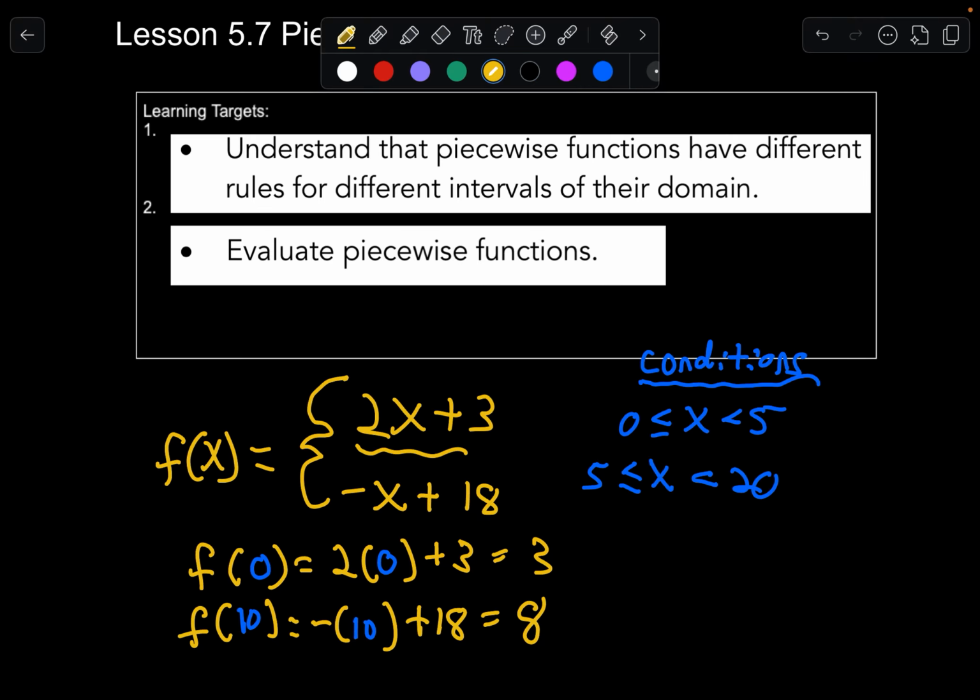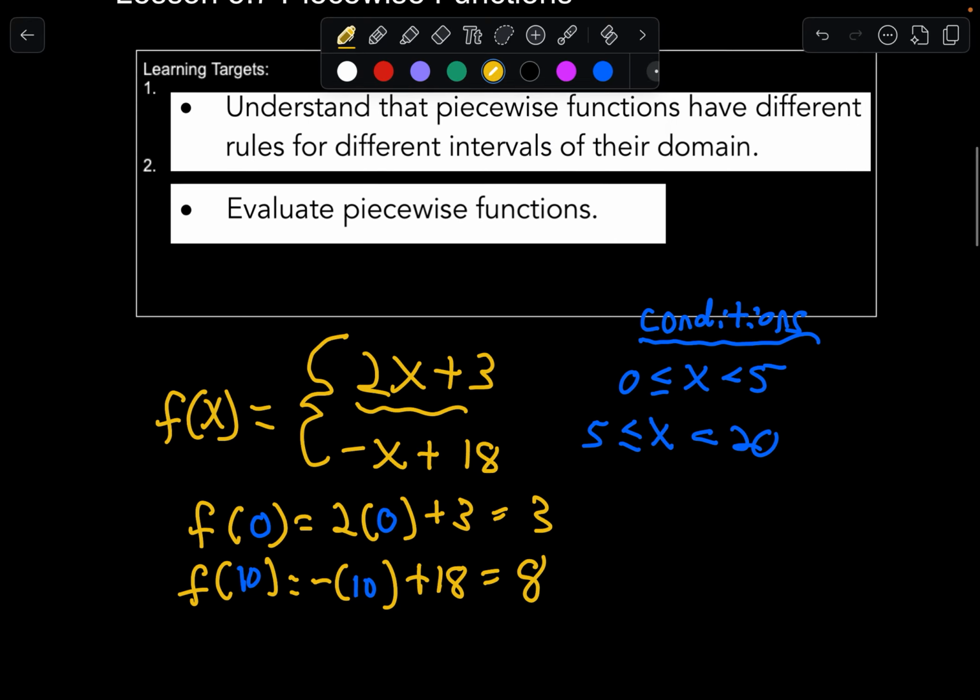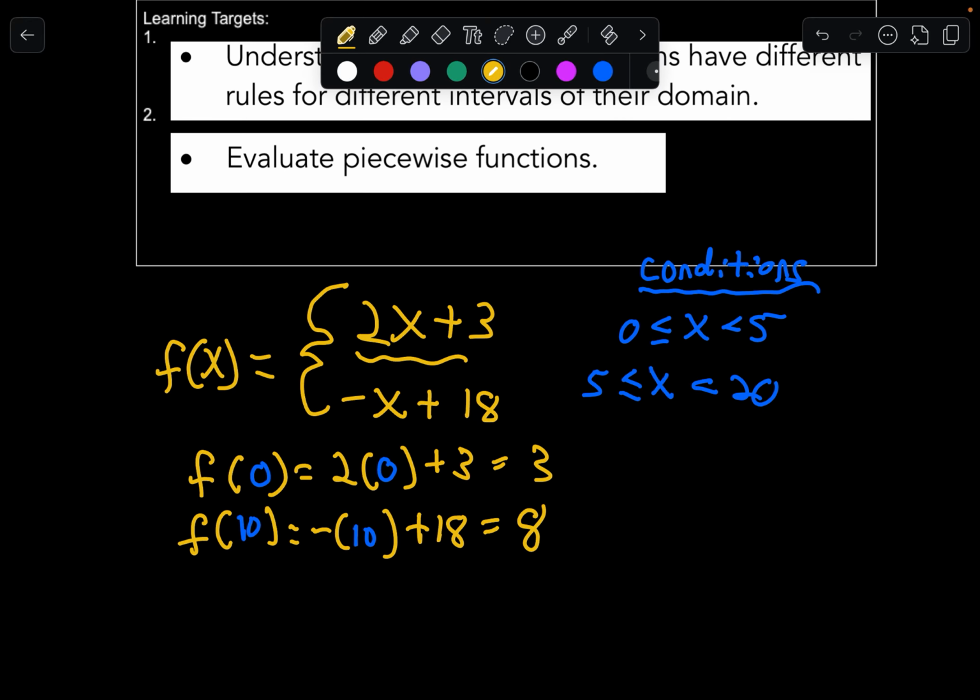Now, the interesting part is, what happens if I ask you what f of 5 is? Notice, 5 is where the two pieces hand off. So you have to be extra careful when you evaluate this, because you have to decide, do I use this top piece, that is valid between 0 and 5, but less than 5, or do I use the piece that's defined for when x is equal to 5 and less than 20?